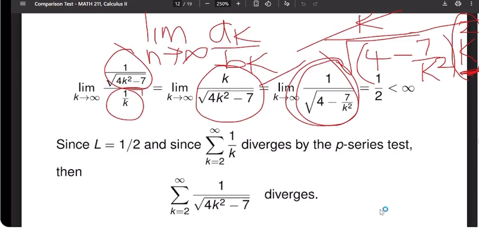So you know what that means: either they both diverge or they both converge.